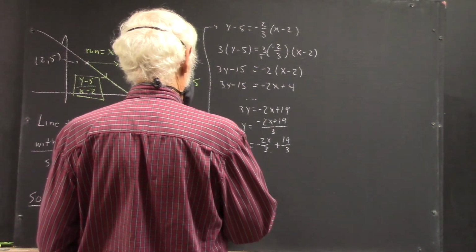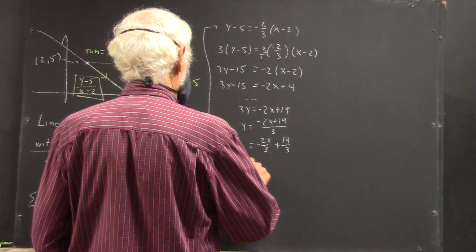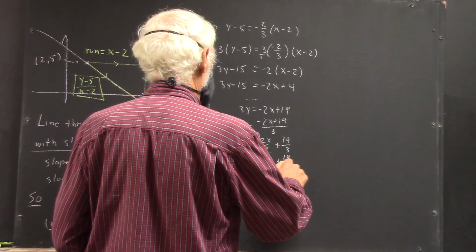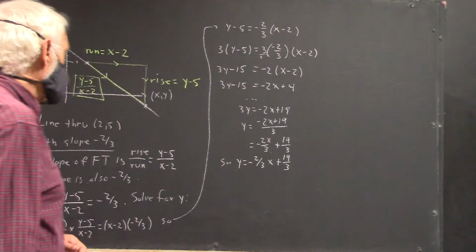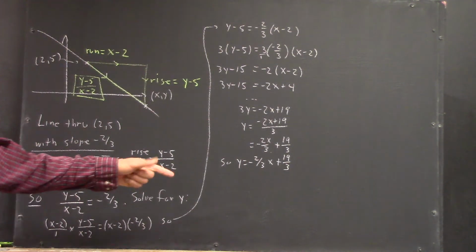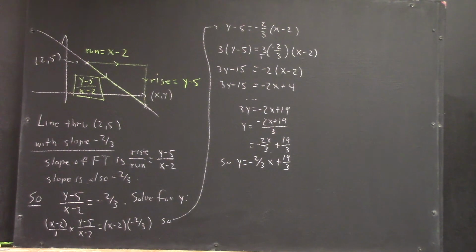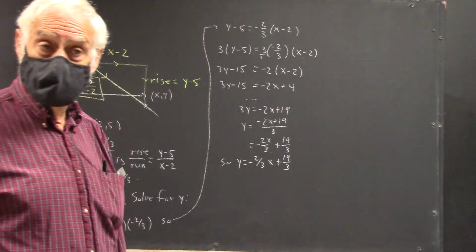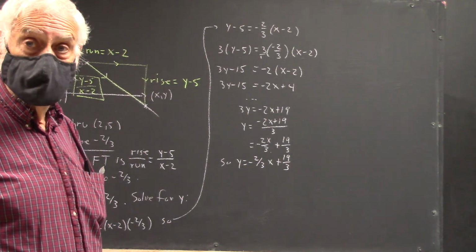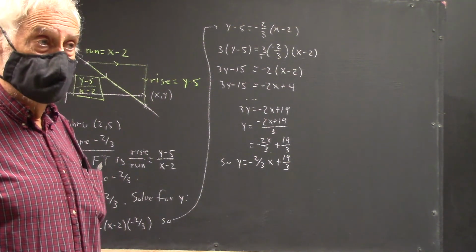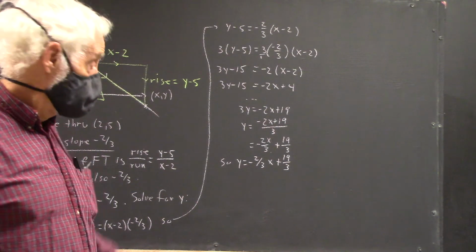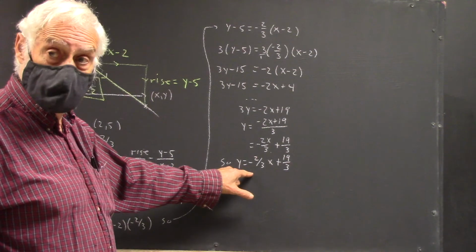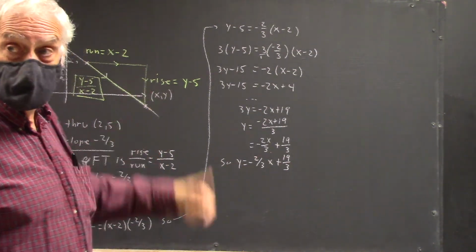So, there we have it. Now we check this out with the picture. What's the y-intercept? Here's the equation. What's the slope? What's the y-intercept? The slope is negative 2/3. It better be, because that's what we said.